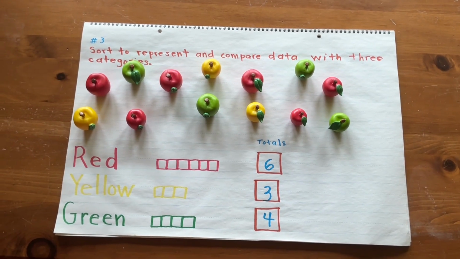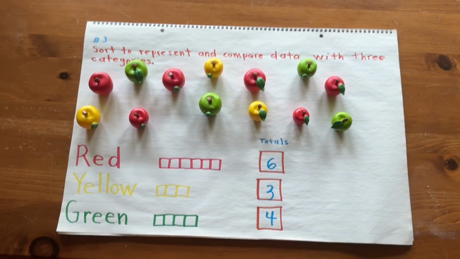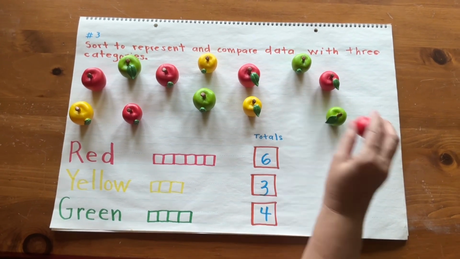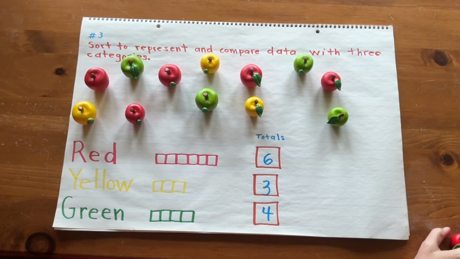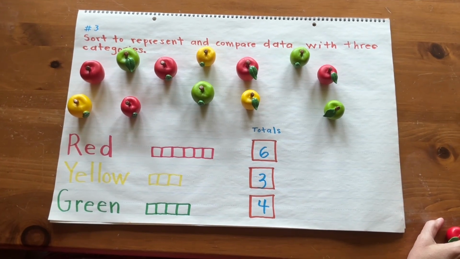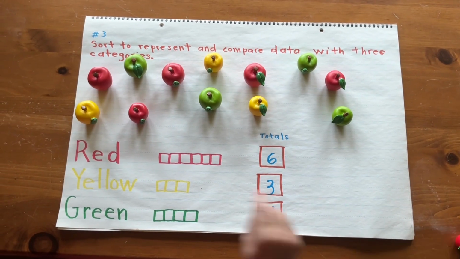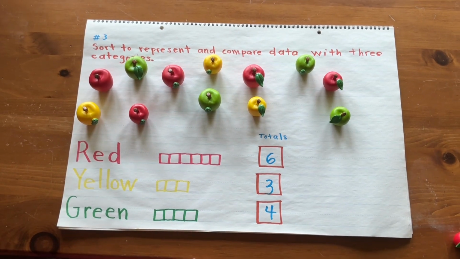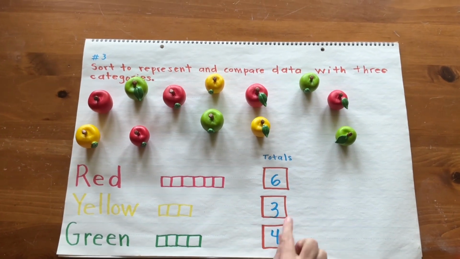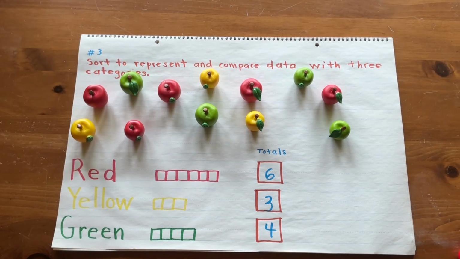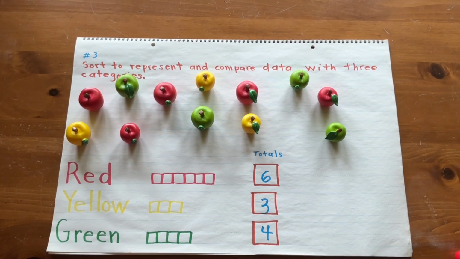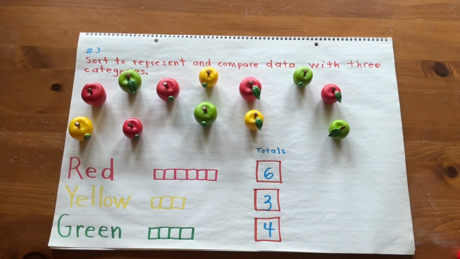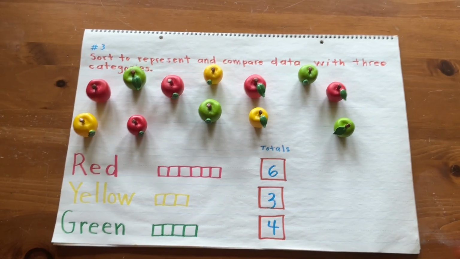Now, what if I took one red apple away? One, two, three, four, 5. Is it less than 3? Or is it still greater than 3? You're right, it's greater than 3.